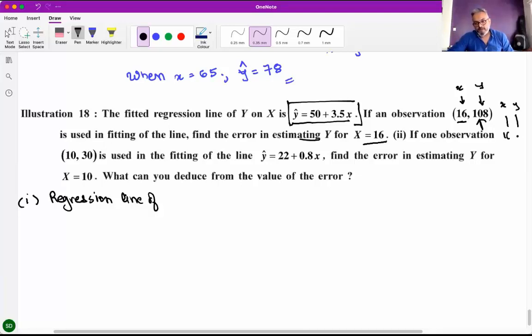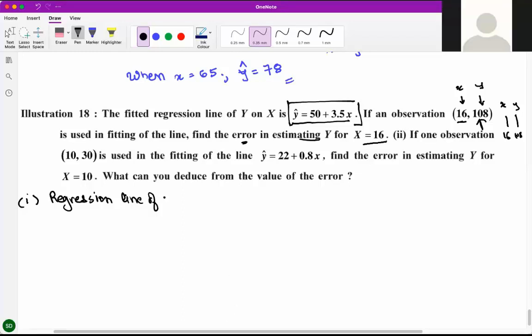This observation is also given in fitting of the line. Find the error in estimating what? Y for x is equal to 16. So first we have to estimate what will be the value of y when x is 16. So understood, Tithi? Yes, sir. Okay.